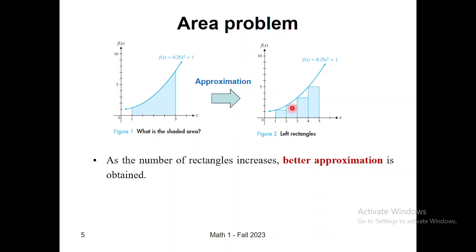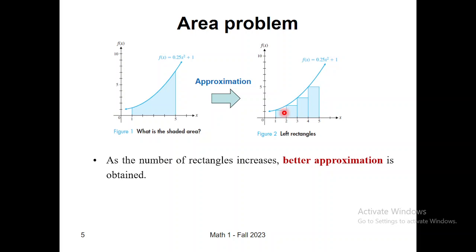How to improve this approximation? You can increase the number of sub-rectangles. Instead of dividing this interval from 1 up to 5 into 4 sub-intervals, you can divide it into 10 sub-intervals, into 100 sub-intervals, into 1000 sub-intervals. And as you increase the number of sub-intervals, the approximation is better and better. But what about the exact value? The exact value is reached when n equals infinity.